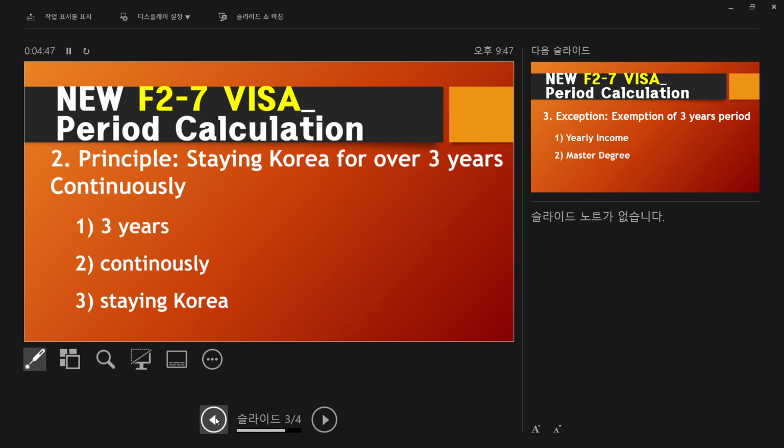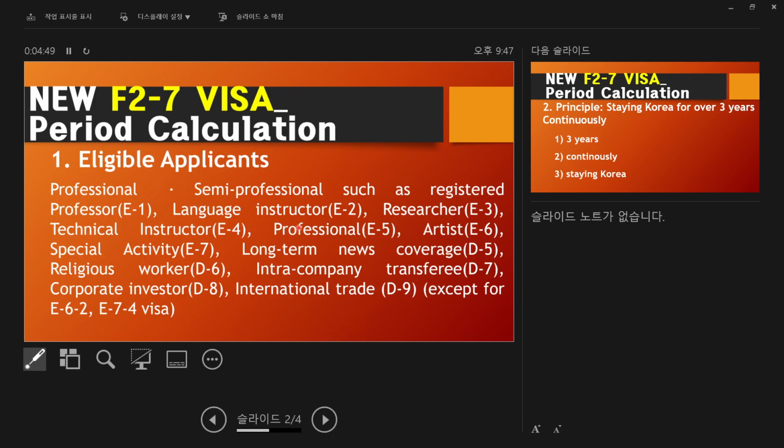For example, if you got an E2 right now, and before that you had a D10 job seeking, and before that you had an E2, you only check your current visa and calculate your period of stay from the current visa status.